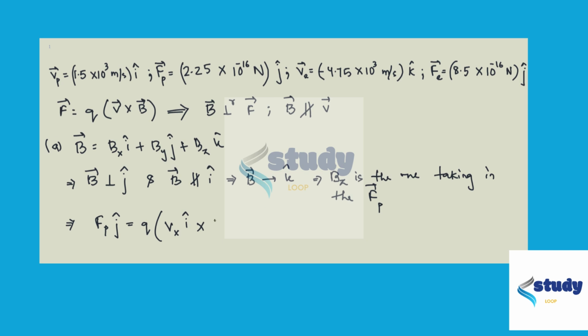And the magnetic field is Bz k cap, because all other components either go to zero or give force in some direction other than j cap. So this will give q times Vx times Bz.